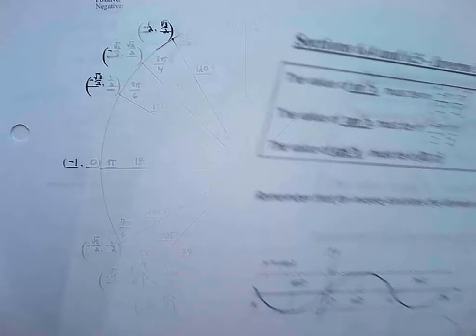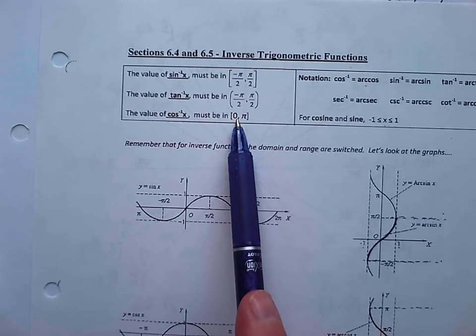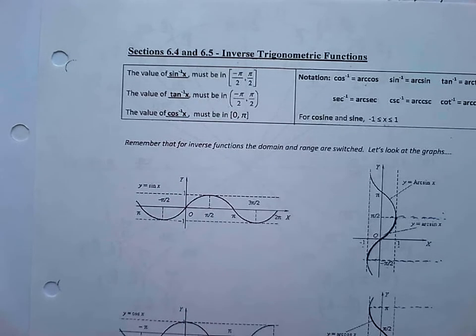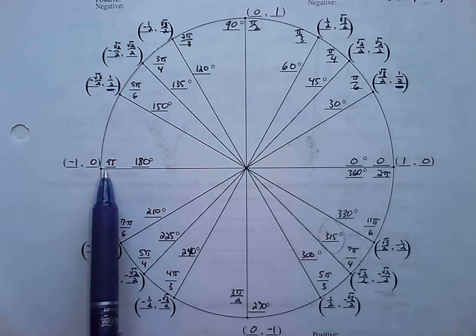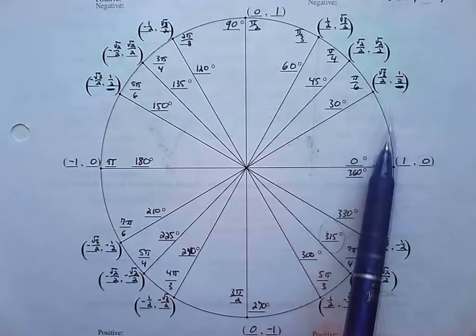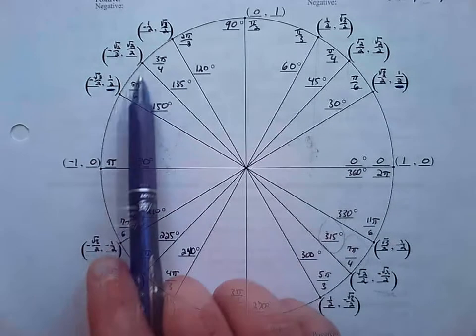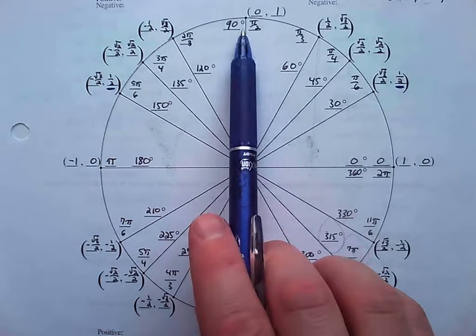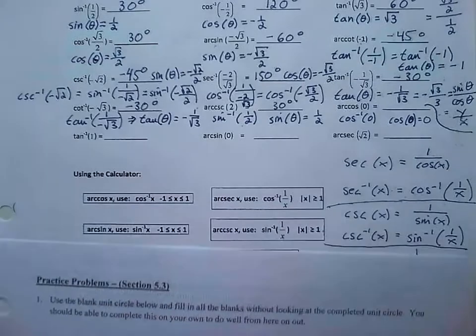But keep in mind that for the arc cosine, we need to be between 0 and pi. Well, obviously 0 and pi are included. So therefore 0 and pi, here's 0, here's pi. It's just the first half of the circle, or the top half of the circle rather. So therefore the only angle that's going to work is 90 degrees if we want the x value to be equal to 0.